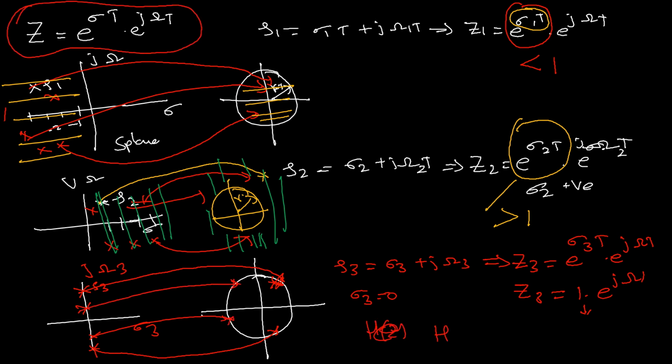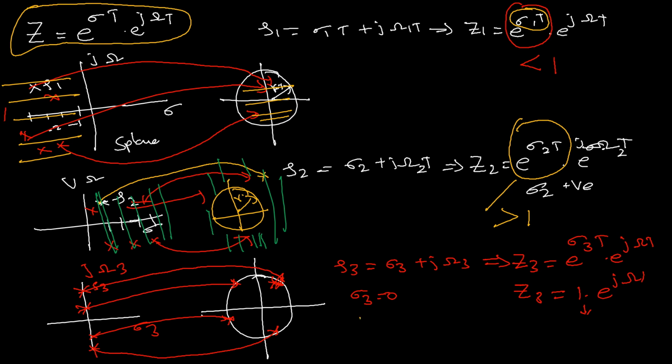In this way, using the impulse invariance method or this relation, we can map H of s into H of z. That is, we are mapping all the poles in the s plane to the z plane.